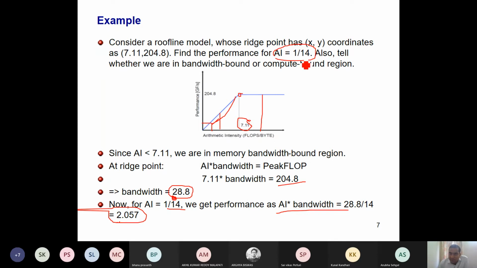Because this application has a very poor value of AI, it doesn't get very high performance. Whereas if there was a different application which has a much higher value of AI, suppose here or here, that application can get much higher performance on this processor. Okay, any questions? I hope this question is clear.